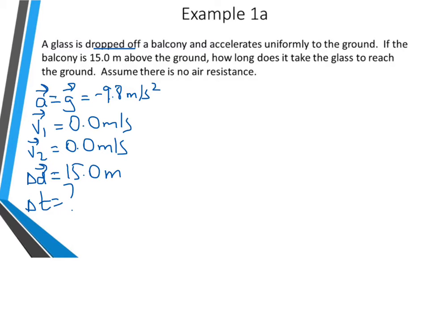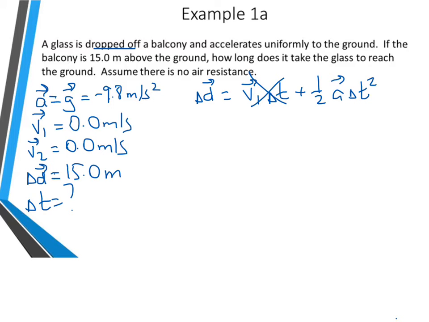So what you're going to do is consult those 5 equations that are on your formula sheet and choose one that will work for this problem. The one I've chosen is this formula. We're going to rearrange this first, and what you should notice is that this whole term is going to go away because our V1 is 0.